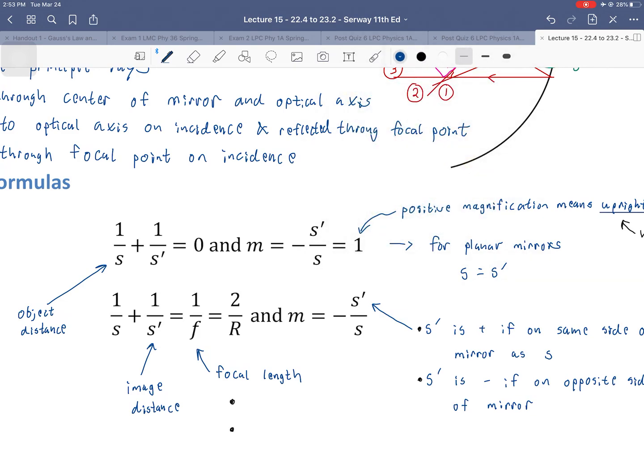Okay? So F is positive if on the same side. And then it's negative if it's on the opposite side.